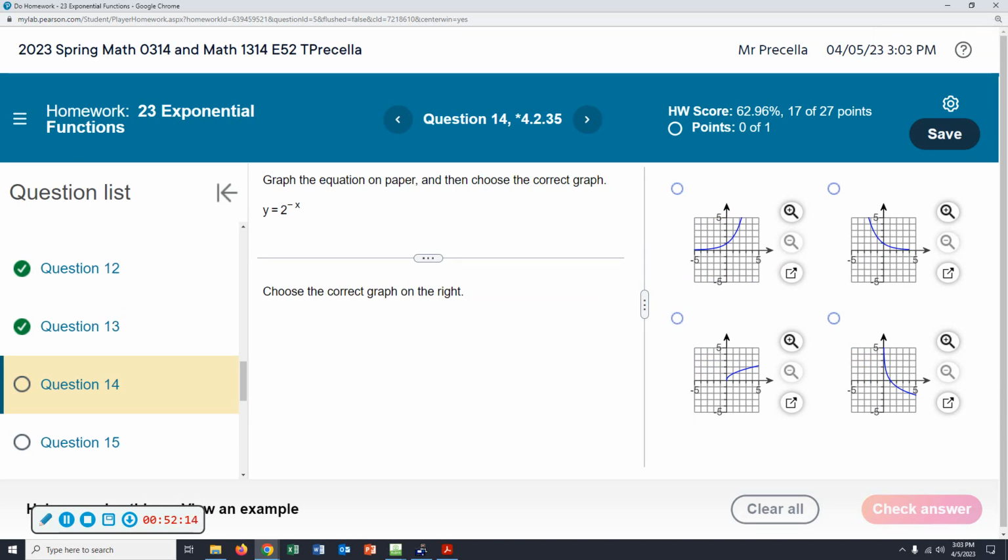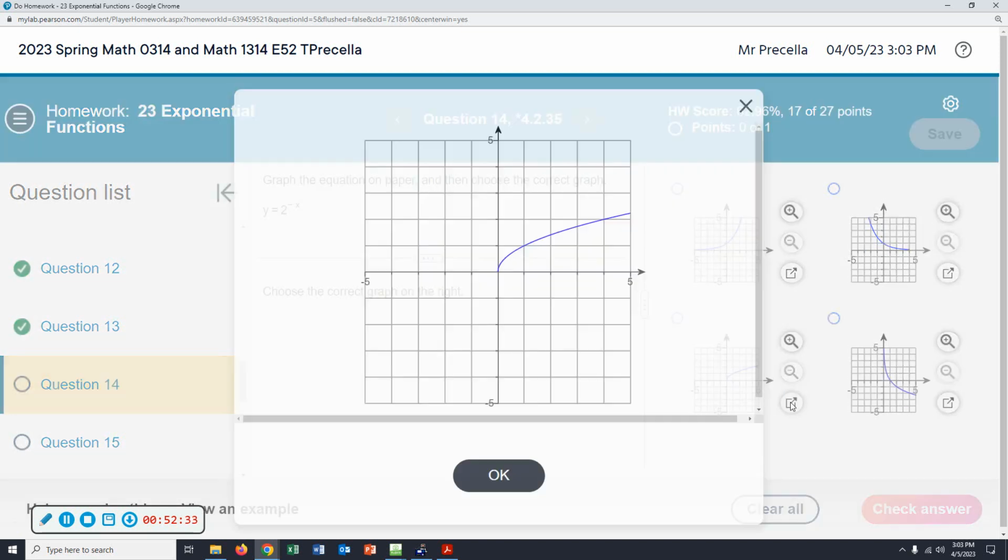But if you had to guess, B. You're thinking it's B, and I'm thinking you're right that it's going to be B on this one. There's that negative exponent there. We said the base can't be negative, but the exponent sure can. It's definitely not going to be that one.